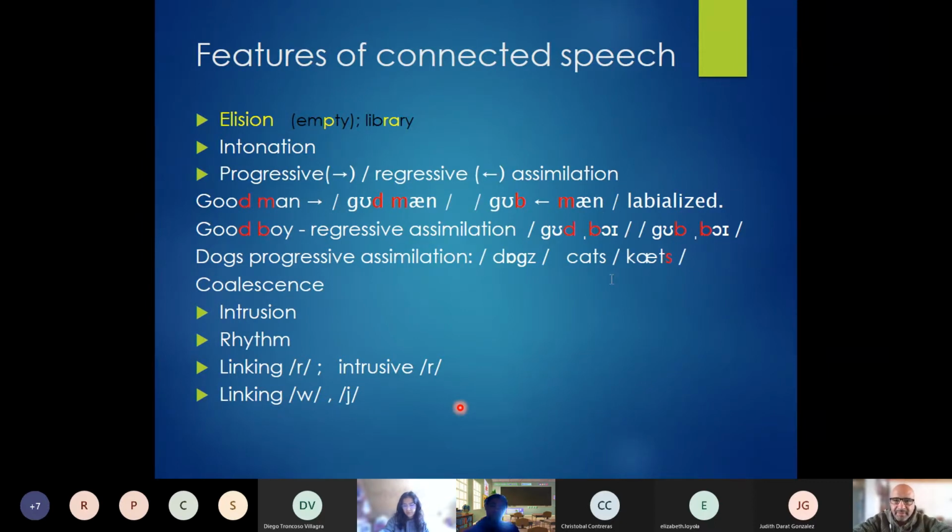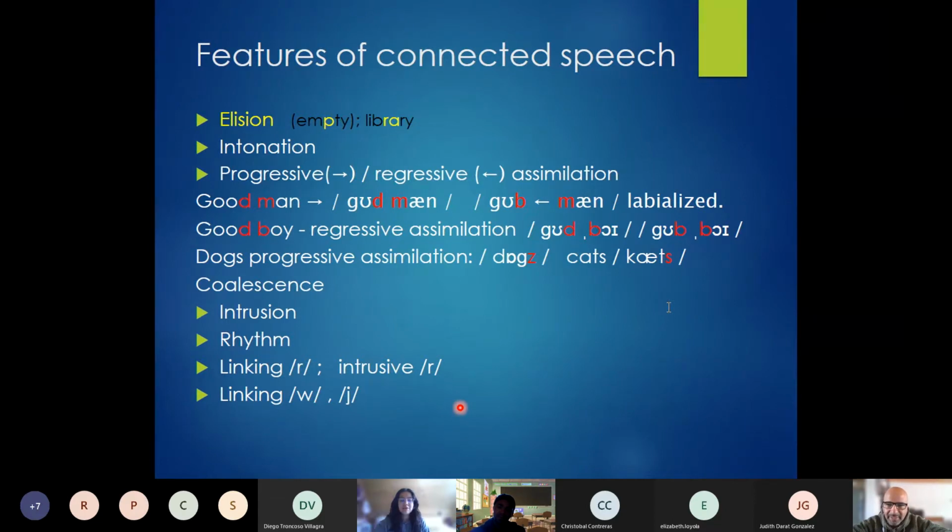And the reason? If you remember Elizabeth's words, she said the last two sounds in dogs are voiced. And if we take that and compare this to the last two sounds in cats, both sounds are voiceless.